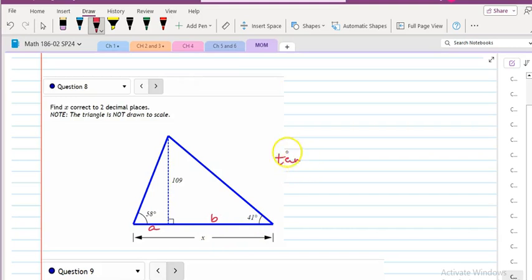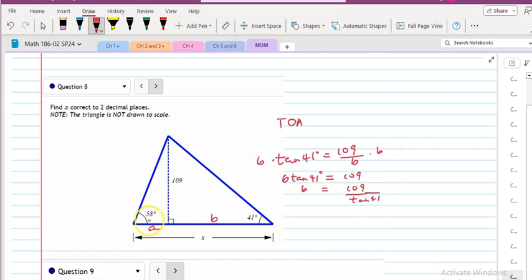Opposite and adjacent is TOA, right? So tangent 41 is equal to 109 over B. B is unknown, so I multiply both sides by B: B tangent 41 equals 109. B itself is 109 divided by tangent 41.